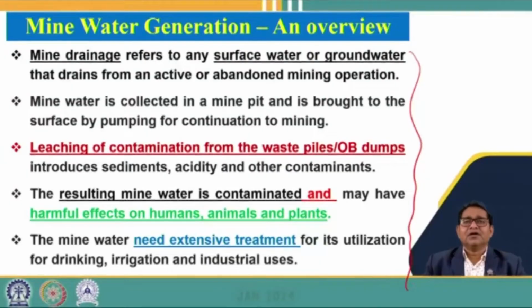So here is what we see when we carry out the mining operation. As I discussed, there are two types of mining method: one is underground mining, another is open cast mining.